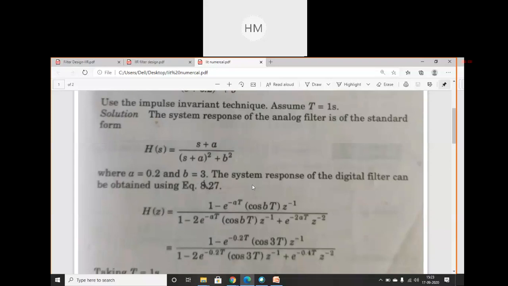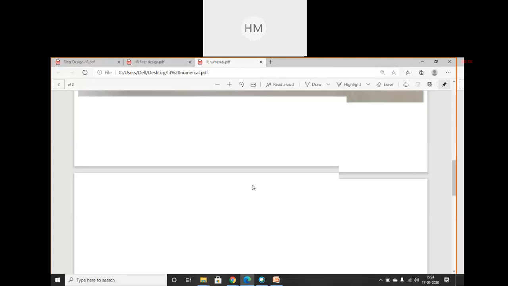So this is the first question. It's very simple. Now write down the second question. For the analog transfer function, given, please see the screen.